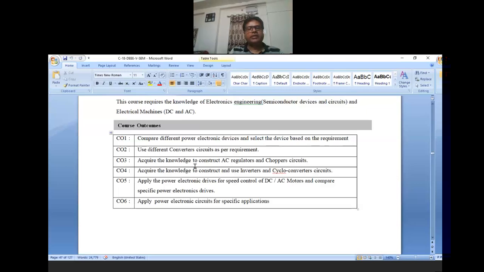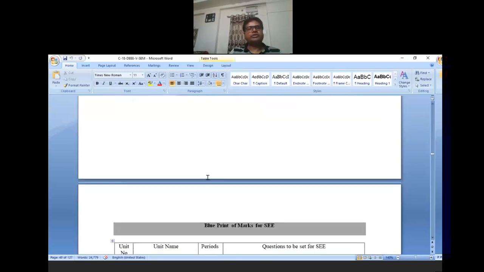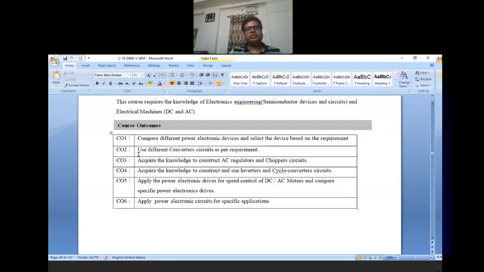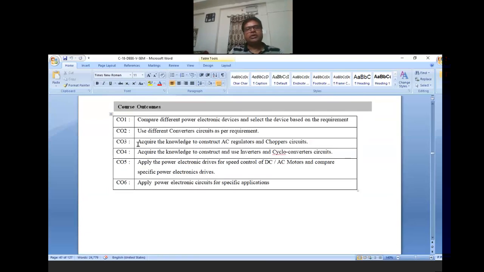And accordingly, for the different chapters, for converters, the course objective is defined: use different converter circuits as per requirement. Next, for the third unit, acquire the knowledge to construct or design AC regulators and chopper circuits; acquire the knowledge to construct and use inverters and cycloconverter circuits; apply the power electronic drives for speed control of DC and AC motors and compare specific power electronic drives; apply power electronic circuits for specific applications.